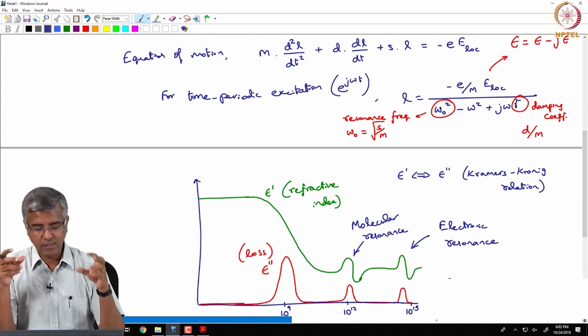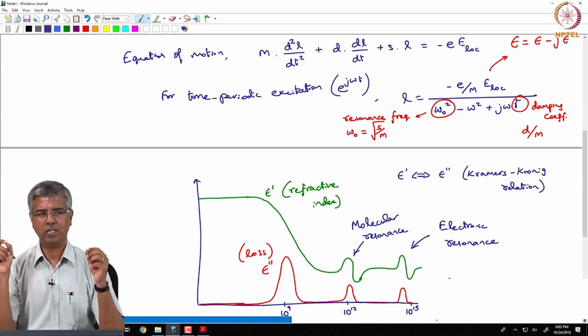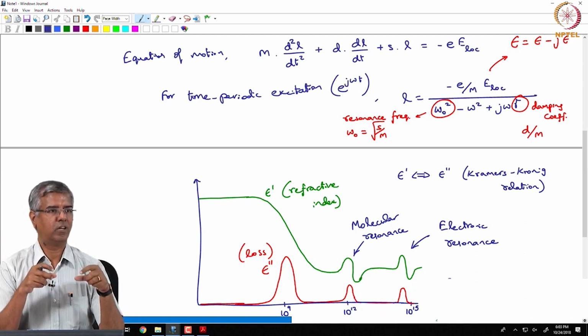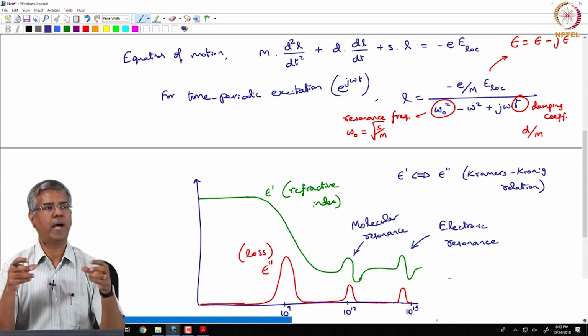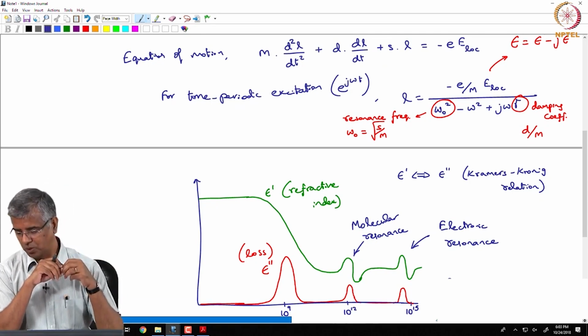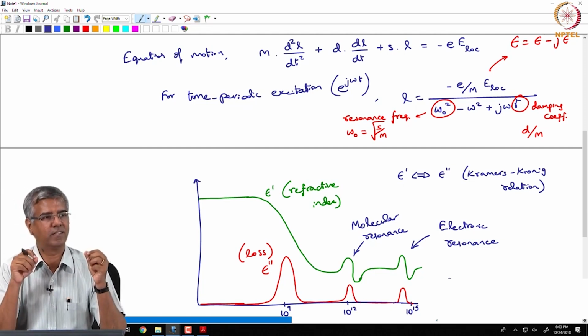okay. And in the electronic resonance case, we are talking about the mass of an electron, but here we are talking about the mass of an atom, right, because we are talking about two atoms connected by a spring, okay. Which one is heavier?